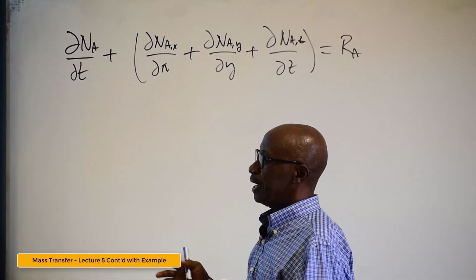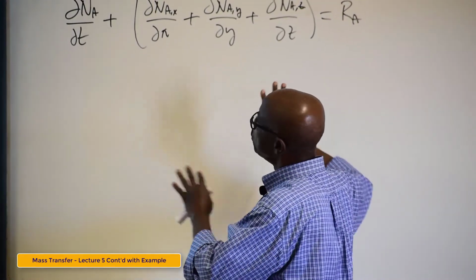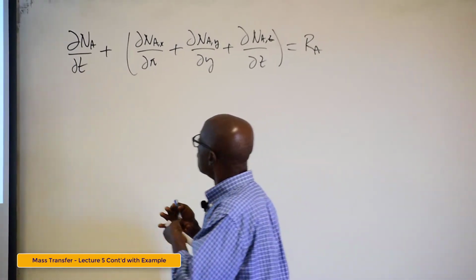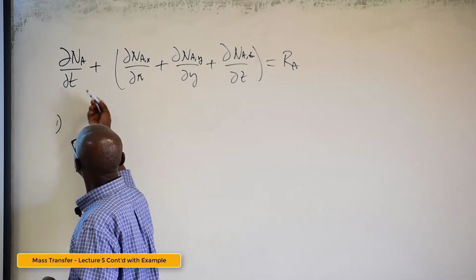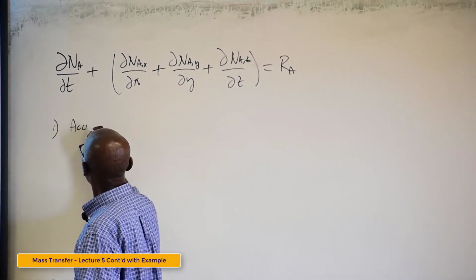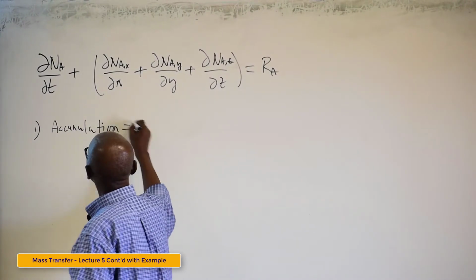Now, the only way we can use this equation is to simplify some terms. And so we set out by saying that one, there's no accumulation. Accumulation is equal to 0.